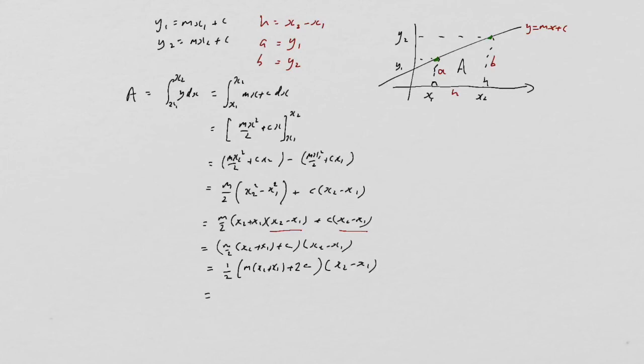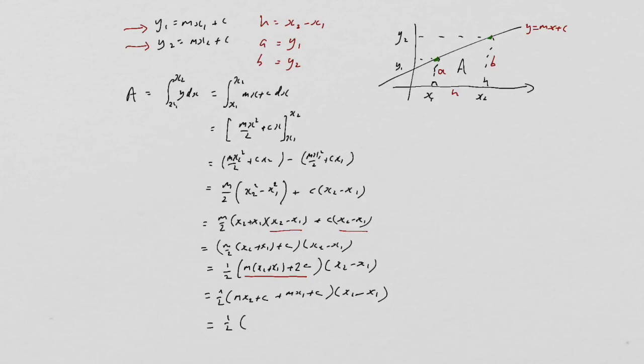And now we split this bracket up into (mx2 plus c) plus (mx1 plus c). And then, hey presto, we have mx2 plus c and mx1 plus c are both up here.